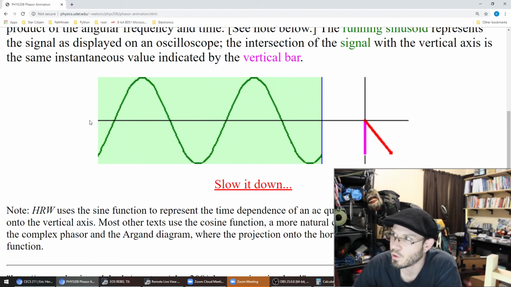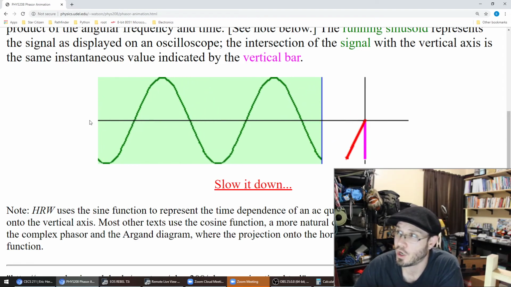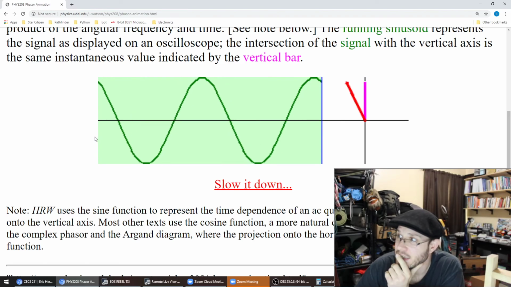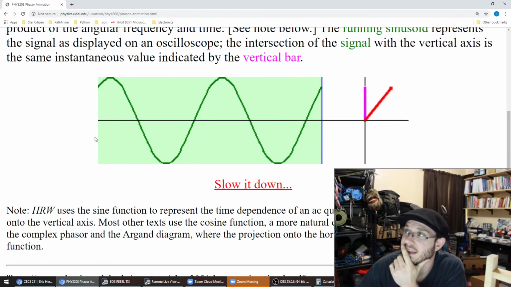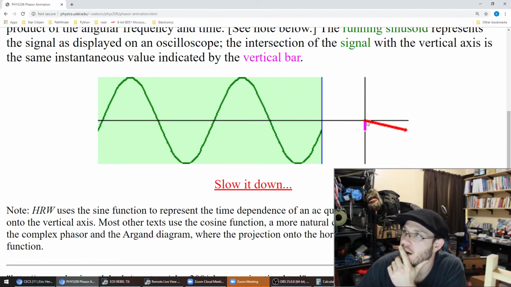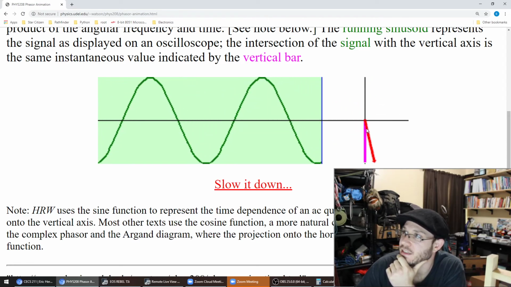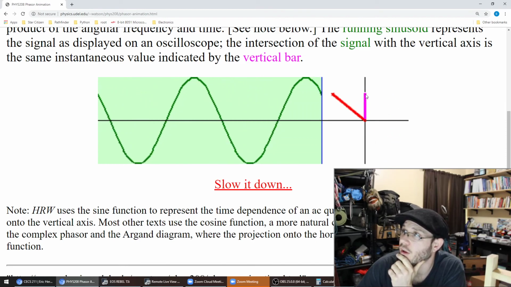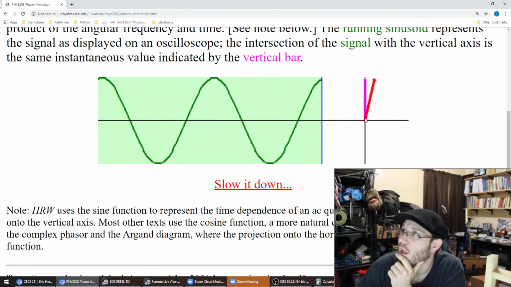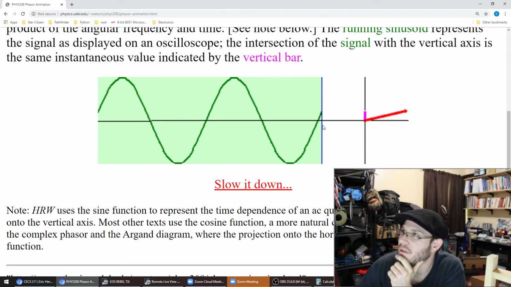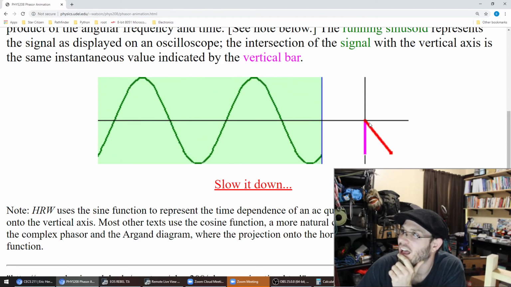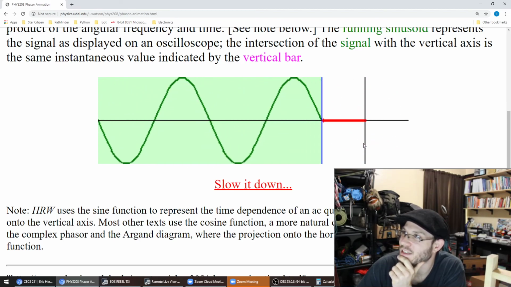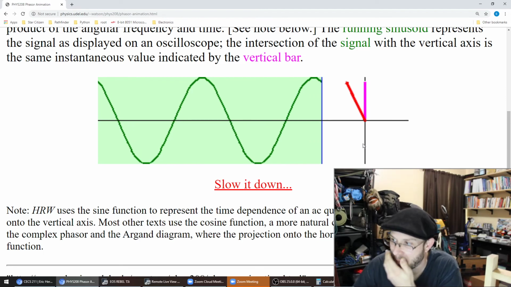I hesitate to say voltage because you can use this for current, you can use this for anything. But our instantaneous value is a little more generic of a way to say it. So you can see over here the pink line is the instantaneous value. It's the projection of the vector along the y-axis. And so when you look at the sine wave that's being produced here, you're really just looking at the instantaneous value going up and down.